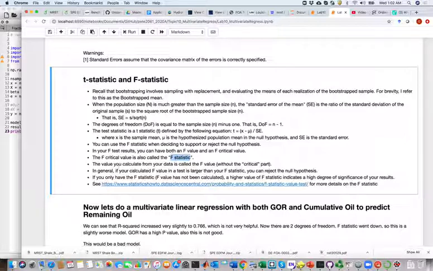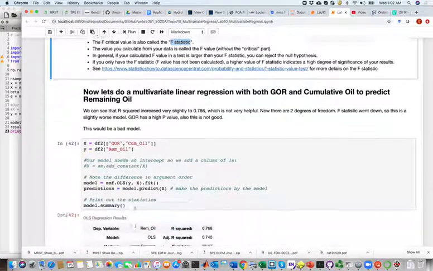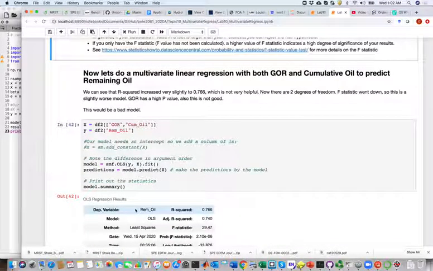The bigger it is, the more statistically significant is your model. So your model is more accurate when the F statistic value is higher. And you will see that in the examples. And we went through all of these so that we can compare different multivariate linear regression models. So now let's go into the multivariate linear regression models.